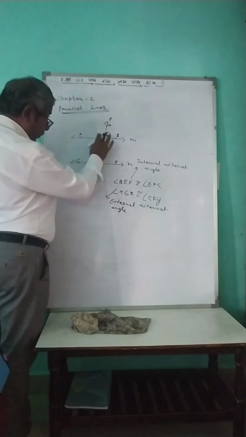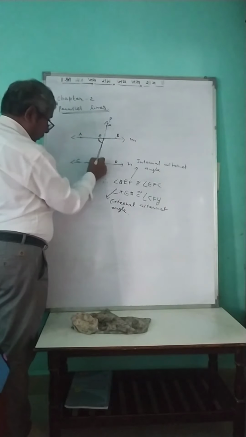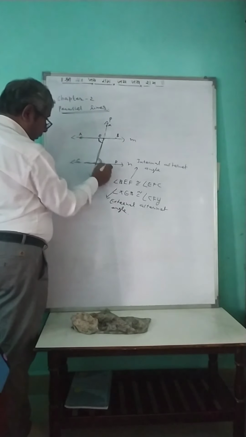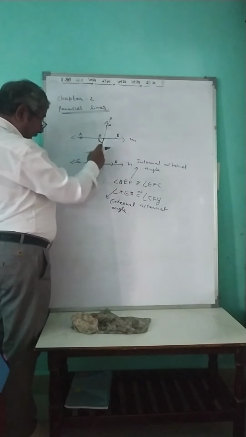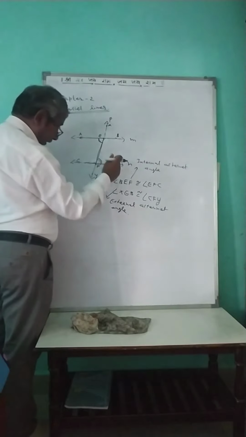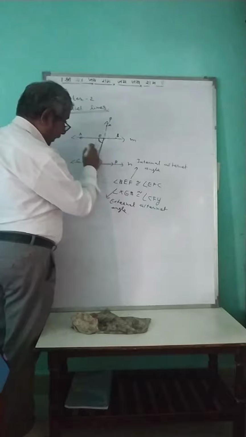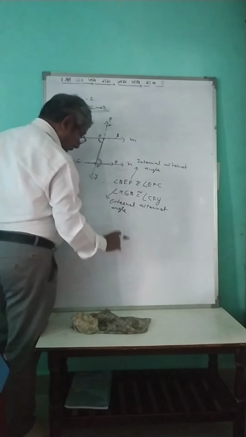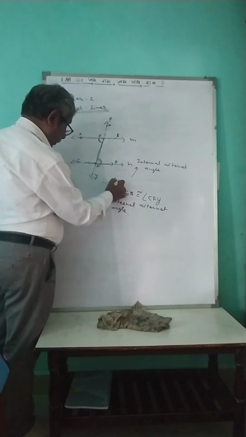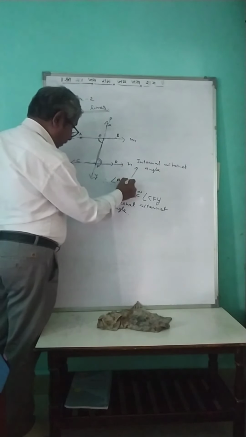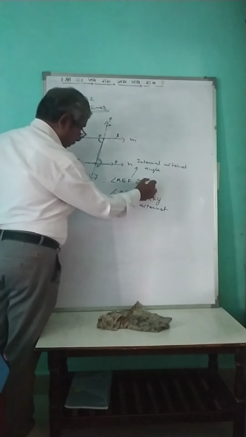Here it is also a Z. So angle AEF and angle EFD are also alternate angles, and they are also interior alternate angles. So angle AEF is congruent to angle EFD.